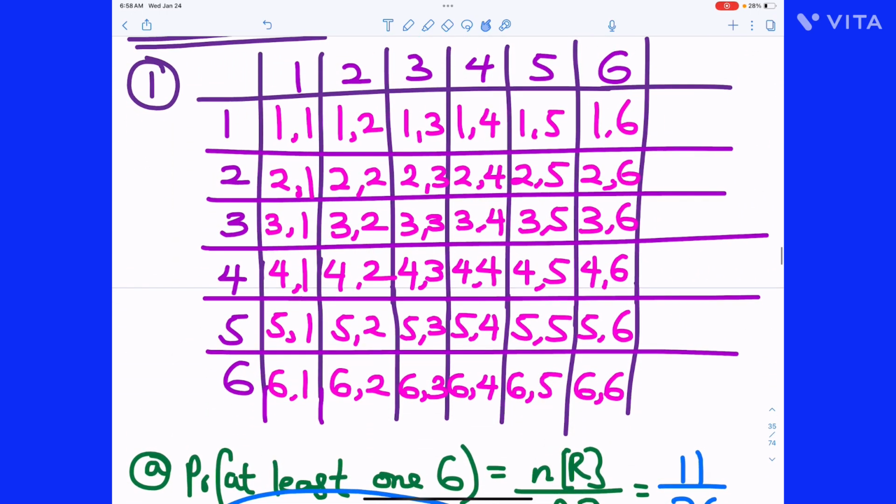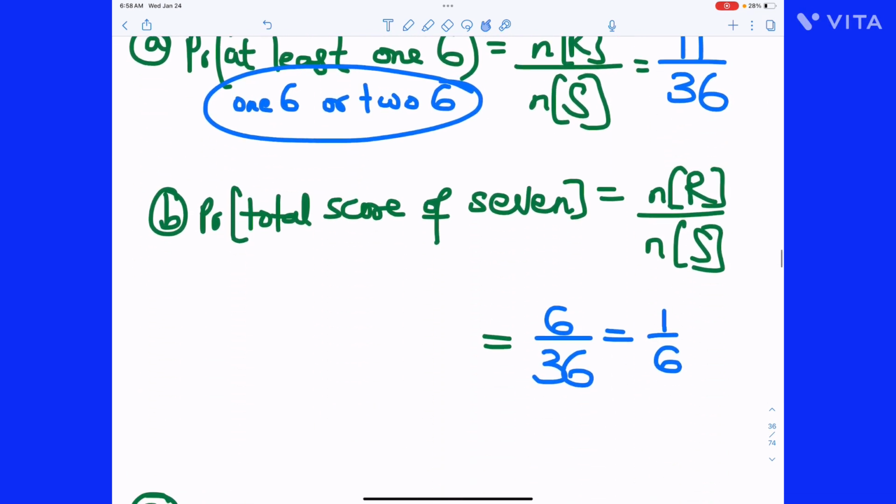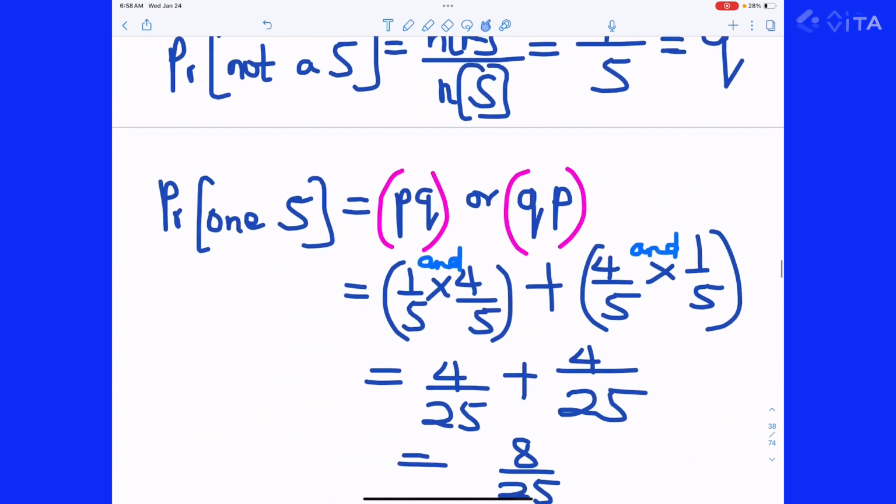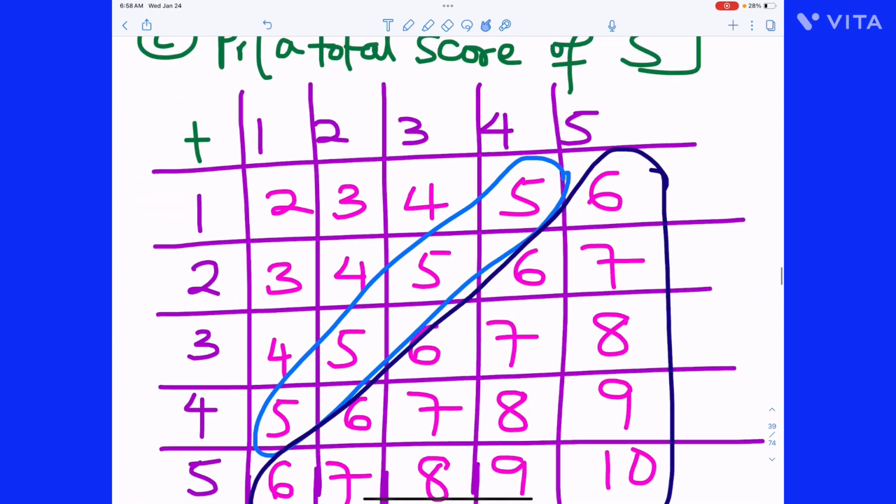Let's use this table. What's the probability of the total score being a prime number? Let me take it to another part of the page. When 2 dice are thrown, we can use a table that shows the total score. I don't think we have it.